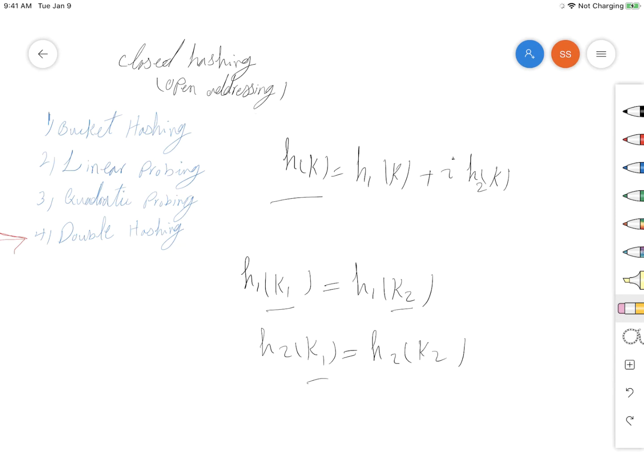But let's say that we have this hash table with size m.